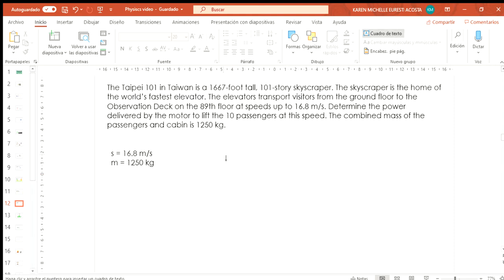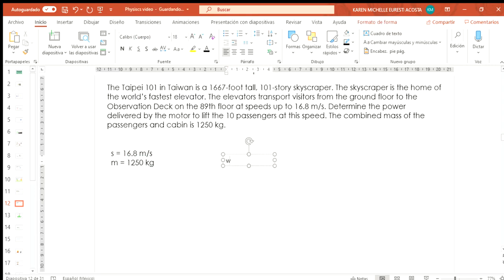So the weight is mass times gravity: the mass is 1215 kilograms times 9.8 meters per second squared, that is 12,250 newtons.